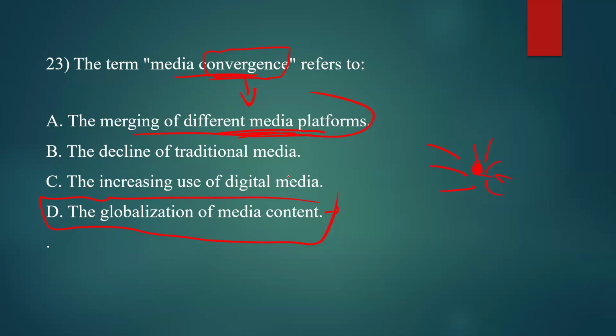For example, Meta carries WhatsApp, Facebook and Instagram, and Twitter is handled by someone else. All these media are converging together, talking in a similar manner. That is called media convergence.